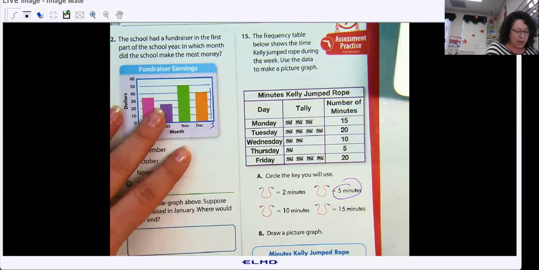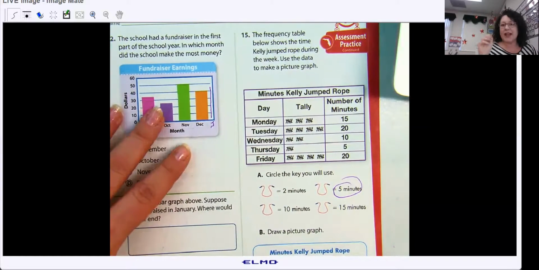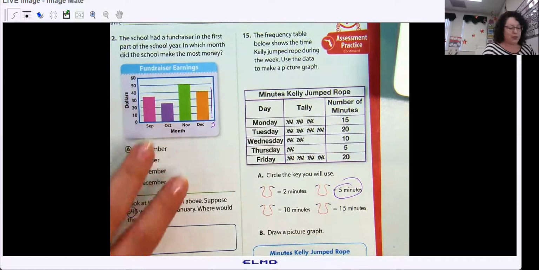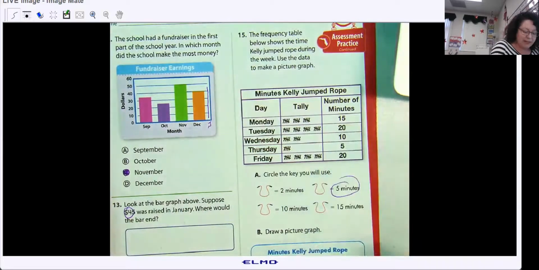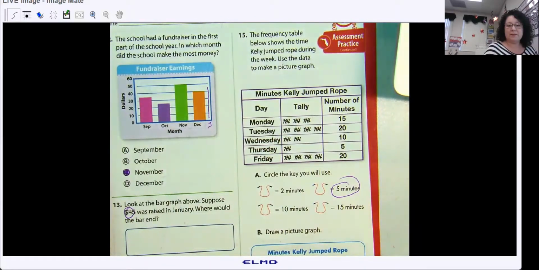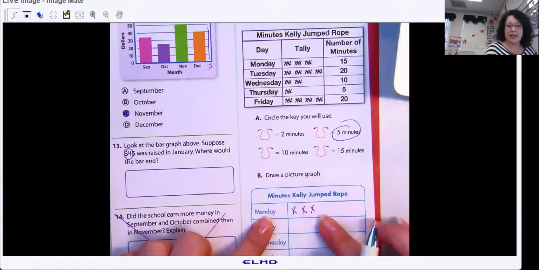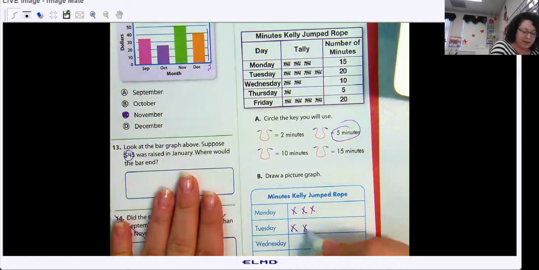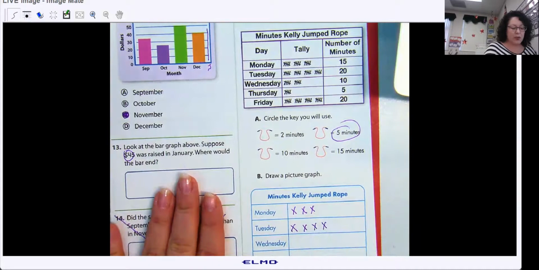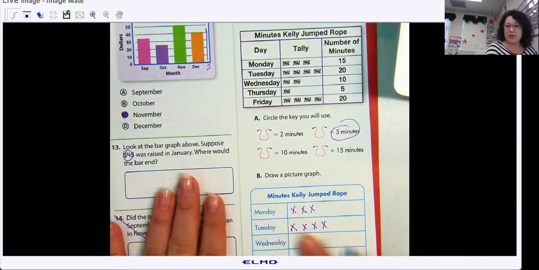I'm just going to use X's instead of, if you drew your jump ropes, great. All right, Monday 15. 5, 10, 15. Because 15 divided by 5 is 3, that's 3 X's. Tuesday had 20. 5, 10, 15, 20. 20 divided by 5 is 4, so that's why I have the 4.